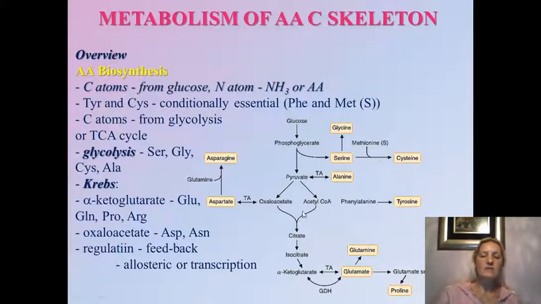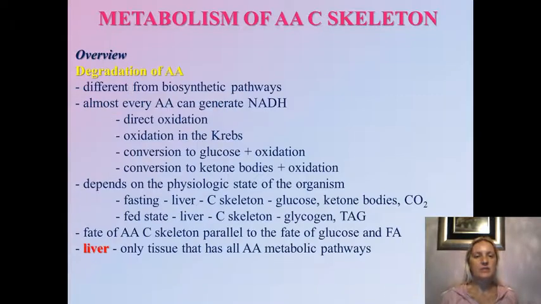From the Krebs cycle, we can get glutamate, glutamine, proline, arginine, aspartate, asparagine, and so on. The regulation of this process is achieved by feedback inhibition, which is actually exhibited in the form of allosteric modification, or it has an effect on the transcription of the adequate gene.